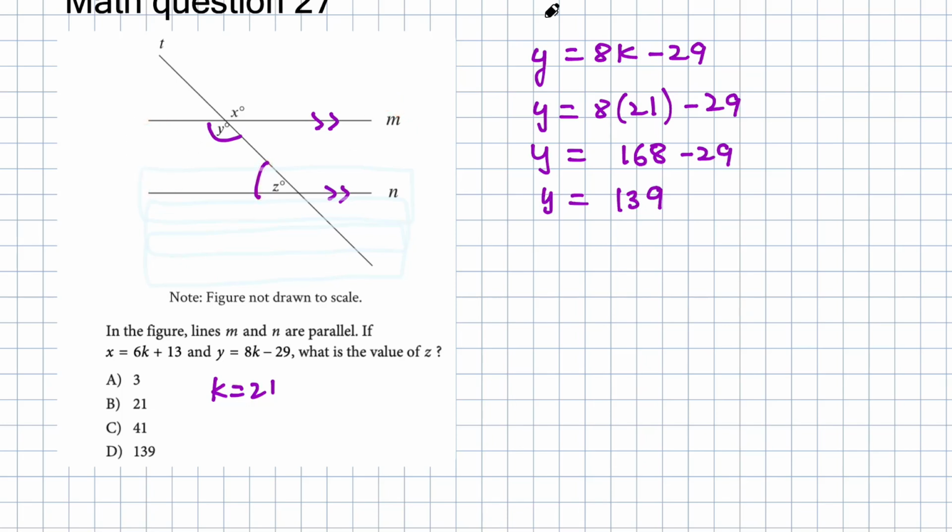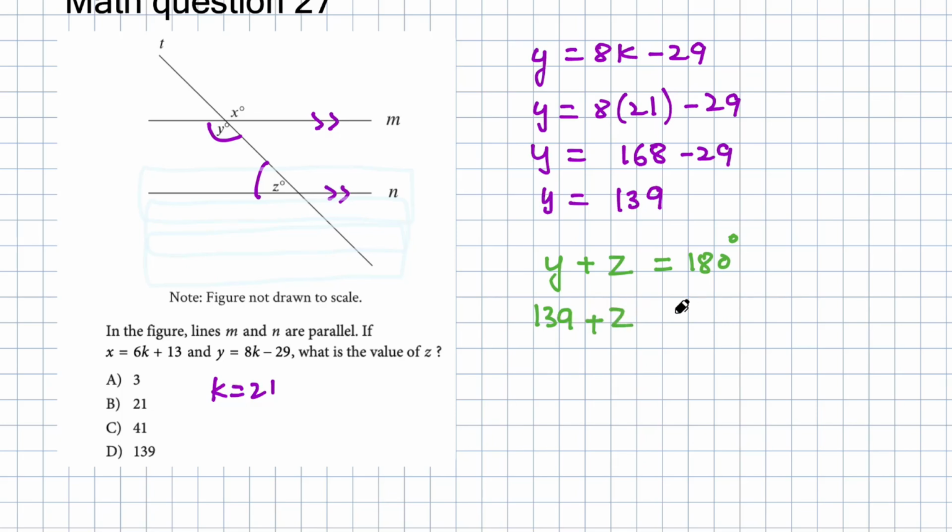M, this is line M and this is N. So they are inside these two parallel lines. Such a relation is known as co-interior angles. Co means same side, interior means inside. So in case of parallel lines, co-interior angles are supplementary. That means their sum is 180 degrees. So I can say y plus c is equal to 180 degrees. Now y is 139, we have already calculated this.